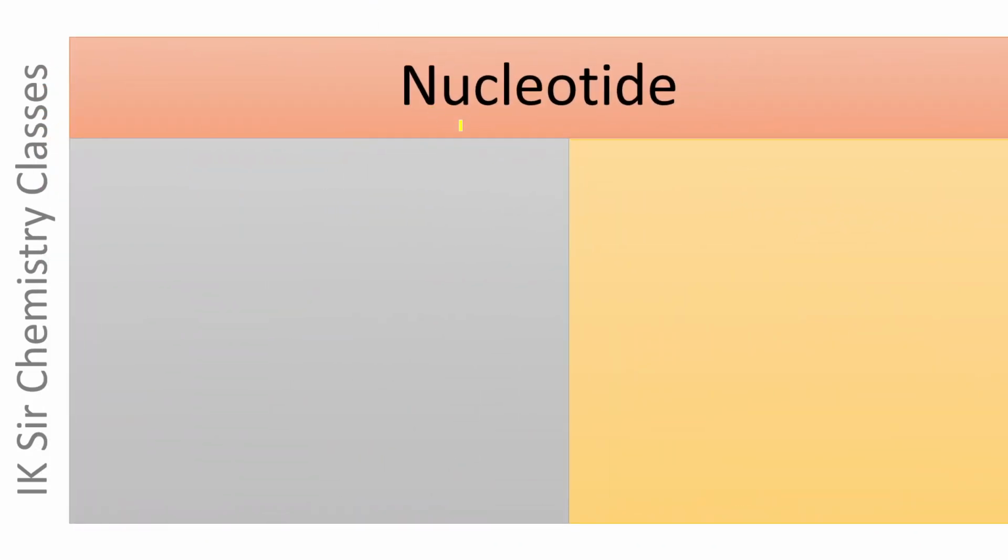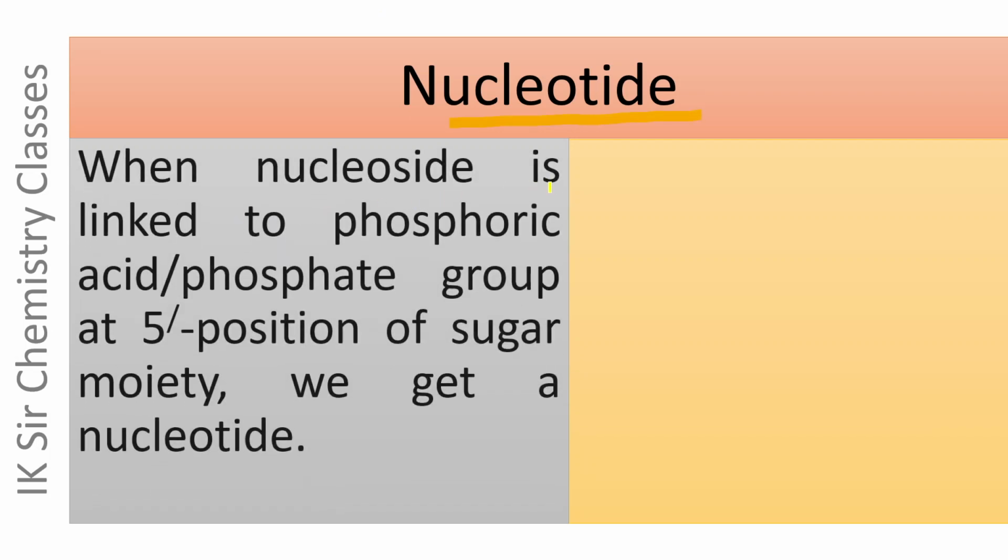And the next term is nucleotide. When the nucleoside is linked to phosphoric acid or phosphate group at 5' position of sugar moiety, we get a nucleotide. It means if a pentose sugar contains nucleobase at 1' position and phosphate or phosphoric acid group at 5' position, the chemical species obtained is called a nucleotide.